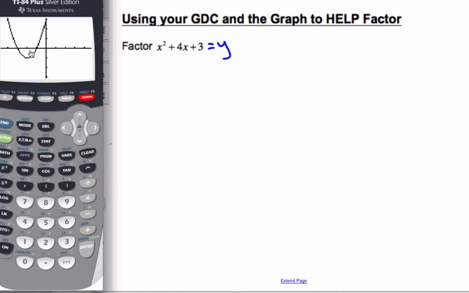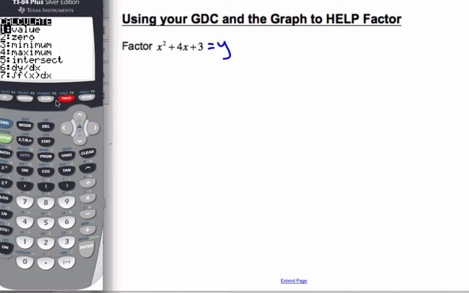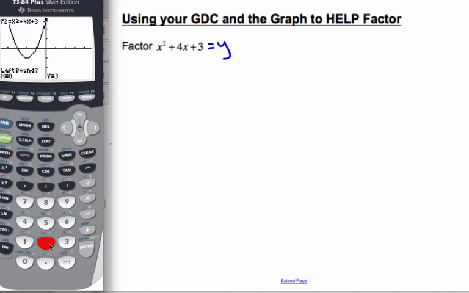I can see that it looks like -1, and this looks like -3. I'm going to check that. I'll go second, calculate, zeros, and my left bound I'll make -2, my right bound will be 0, and I'm going to guess at -1, and indeed that is one of my zeros.